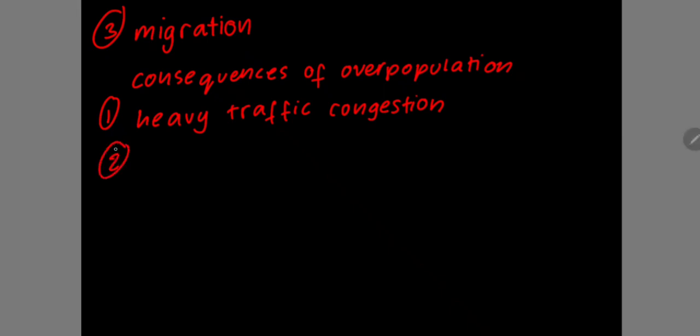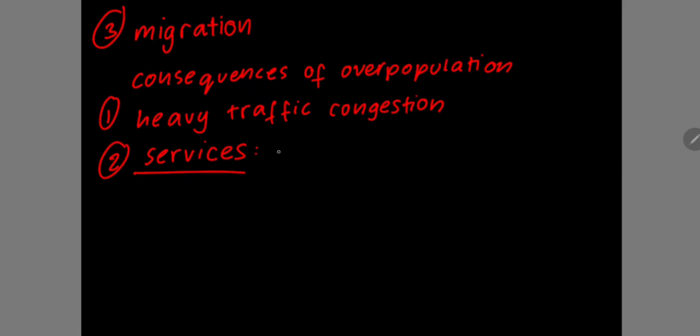Next, we have services, and this is a factor that actually comes up a lot in the marking teams. If asked the impacts of overpopulation in an MEDC or an LEDC, you can talk about services.